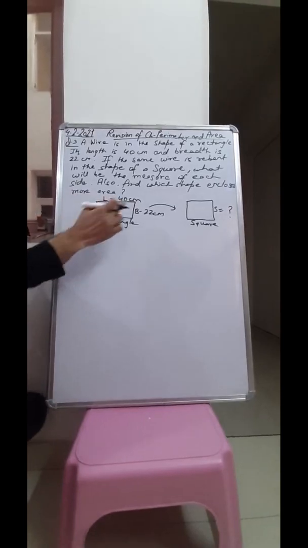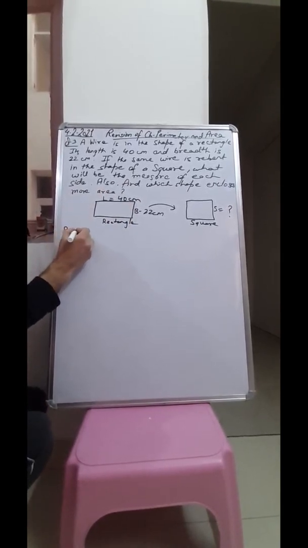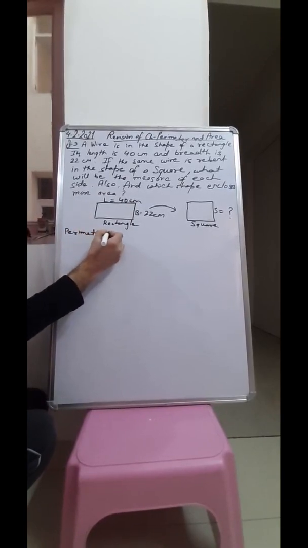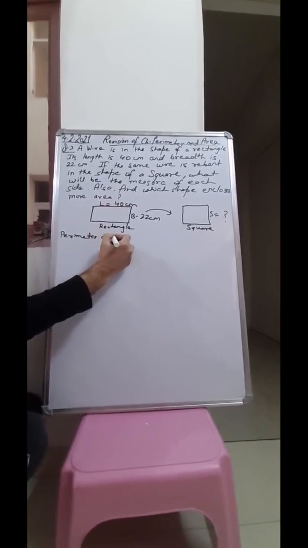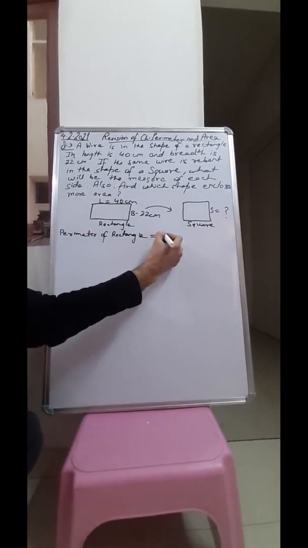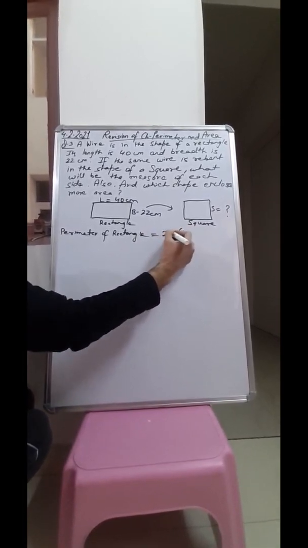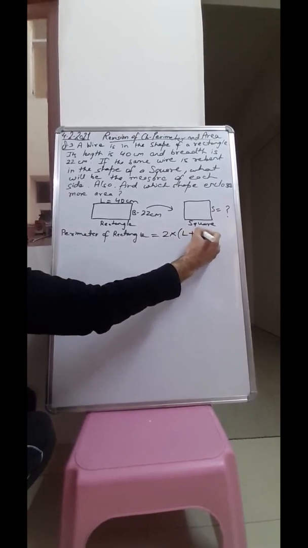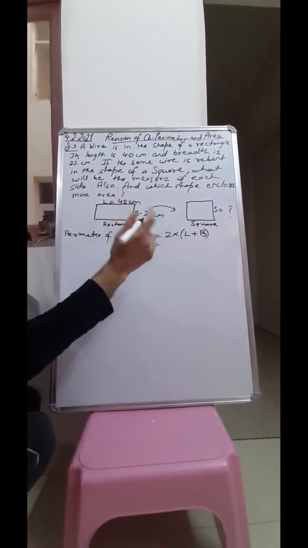So first we have been given a rectangle, and now we have to find the perimeter of the rectangle, because we have been given the length and breadth. The perimeter of a rectangle formula is 2 bracket L plus B. L is 40 centimeter, breadth is 22 centimeter.